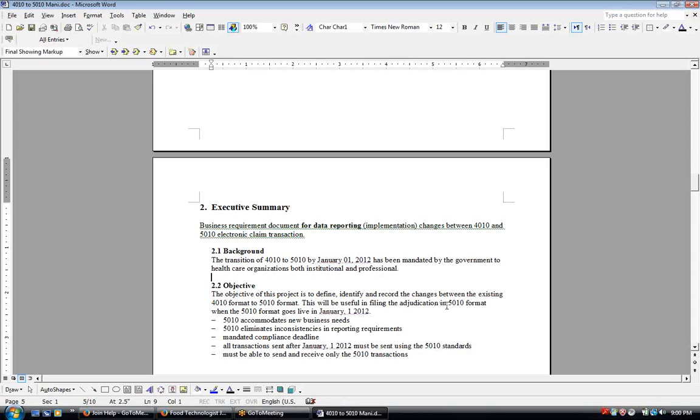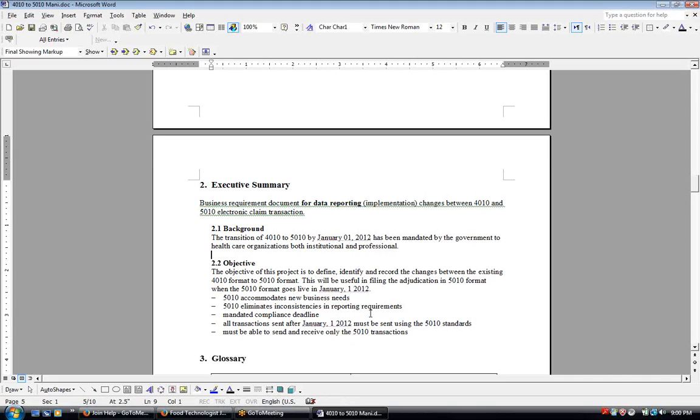This will be useful in filing the adjudication in 5010 format when the 5010 format goes live on January 1, 2012. 5010 accommodates new business needs that were not identified, or were identified later, once 4010 was already implemented. And 5010 eliminates inconsistencies in reporting requirements, mandated compliance deadlines, all transactions sent after January.